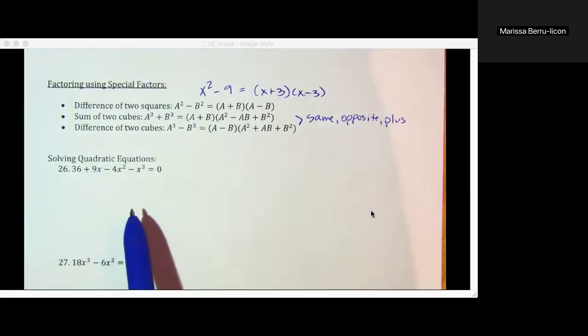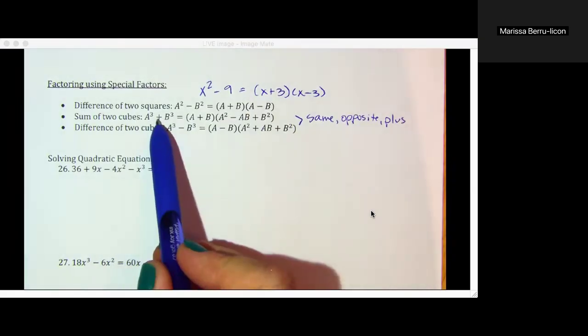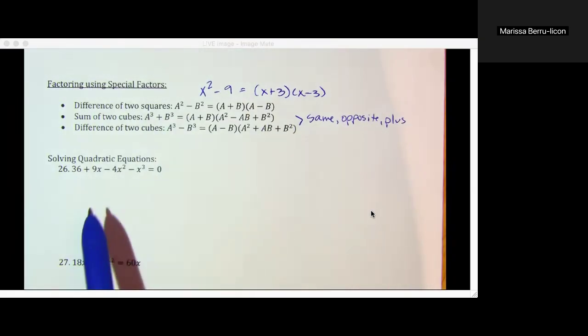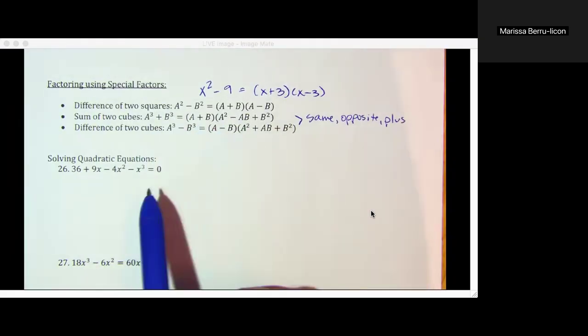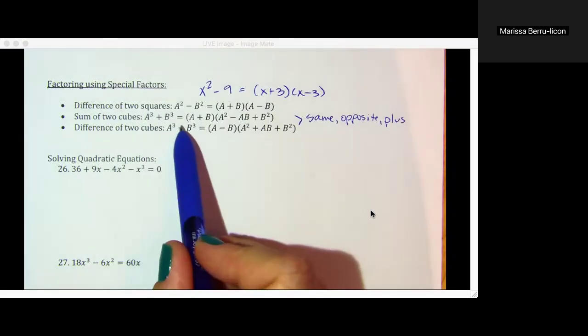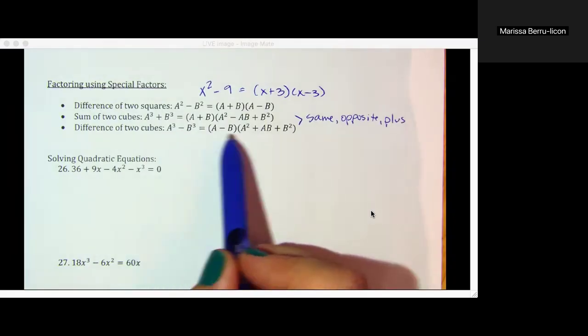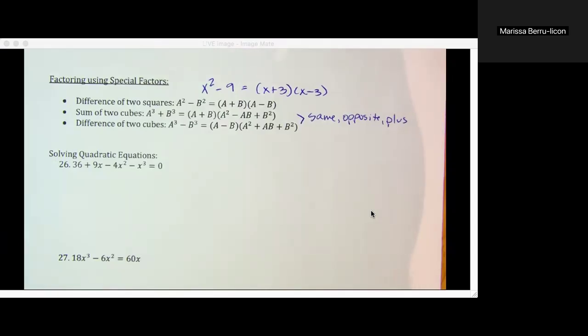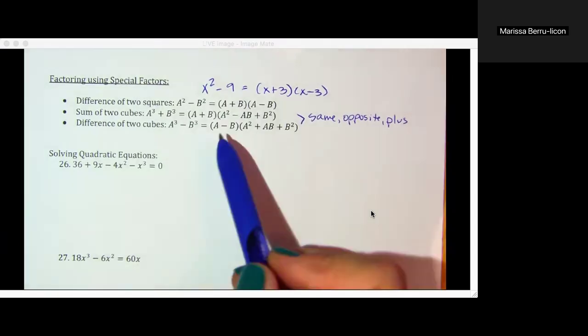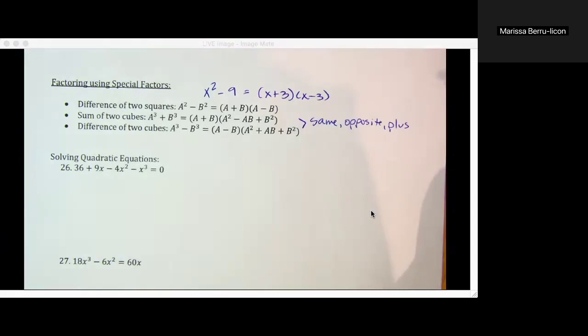The only thing changing are the signs. So if you have a sum of cubes, then you're going to have the same sign, the opposite sign, and a plus sign. If you have a difference of cubes, you're going to have the same sign, opposite sign, plus sign. So that's how I remember where the signs go, and then I just have to memorize essentially one formula.